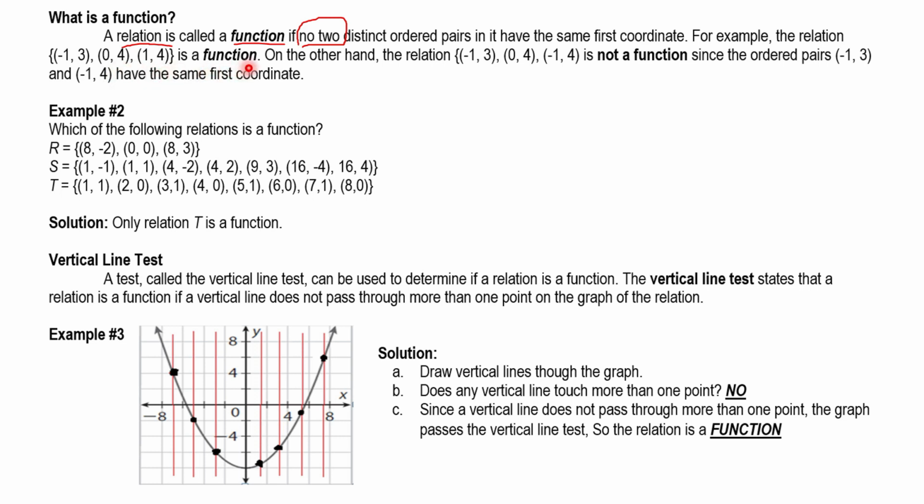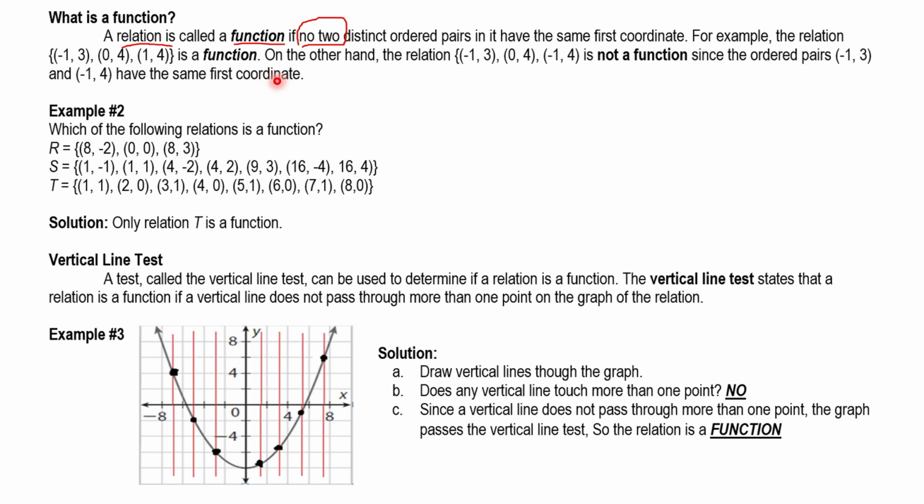Why? Because our first coordinates -1, 0, and 1 are different. As we defined, if we say function, there are no repeated first coordinates. Otherwise, that is not a function.